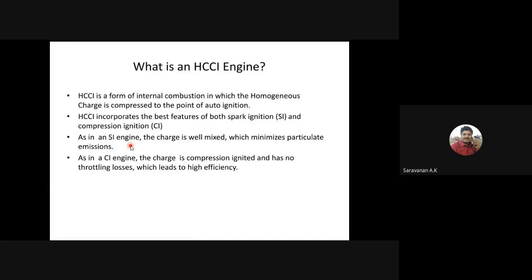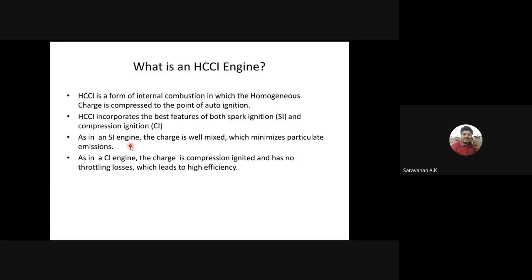Then, among the emissions, the oxides of nitrogen, NOx, are produced at a higher rate in the high temperature region.